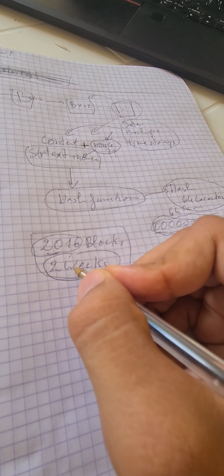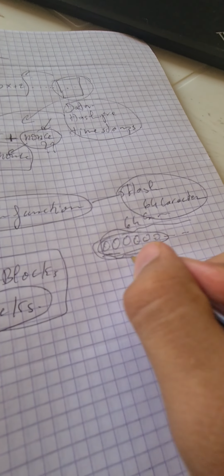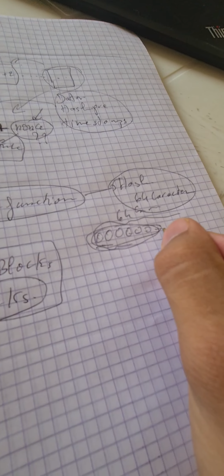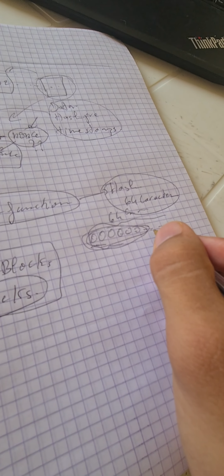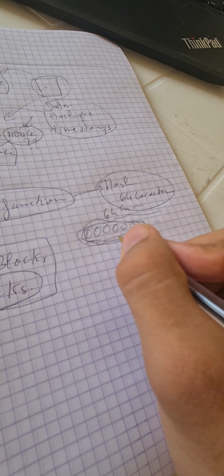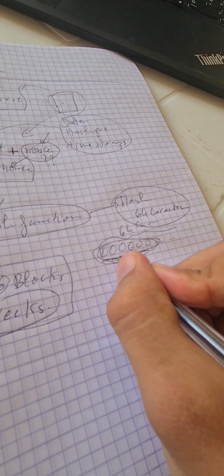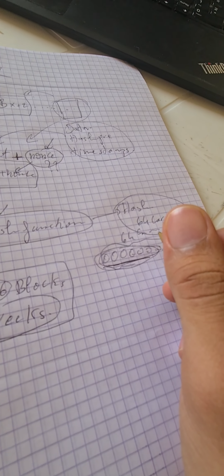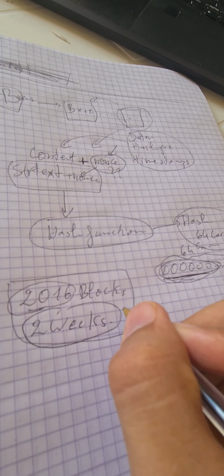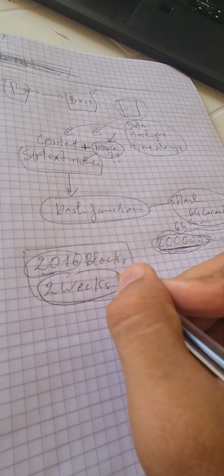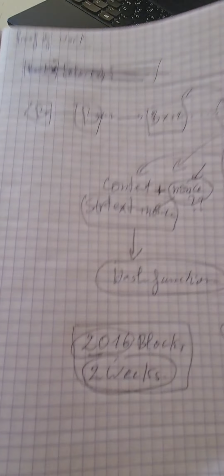Based on the number of zeros we want in this hash and the difficulty of finding it, we control the number of blocks we want to have. Now there are two questions.